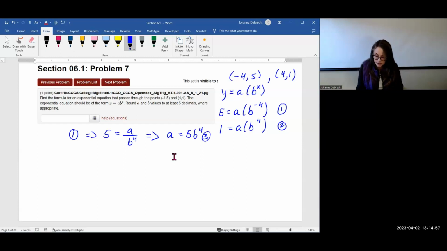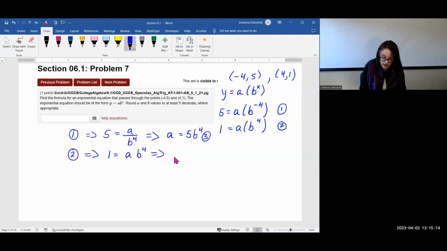That's my new equation. Now I'm going to take equation 2 and solve for a again. I need to solve for the same variable. So this one is 1 equals ab to the 4th. So all I really need to do is divide by b to the 4th. And that will give me a equals 1 divided by b to the 4th.